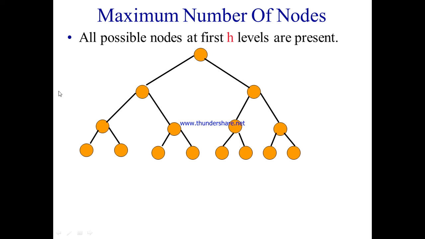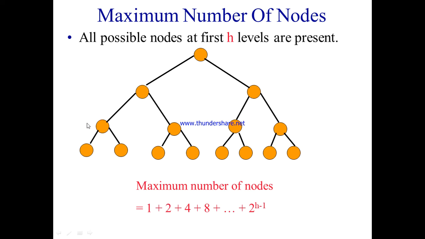Take an example with 4 levels, a tree with h equals 4. How can I calculate the maximum number of nodes? The root node, level 1, has 1. Level 2 has 2 nodes.